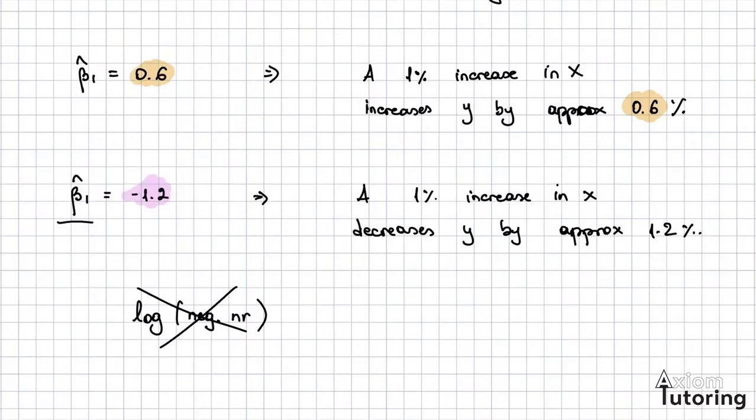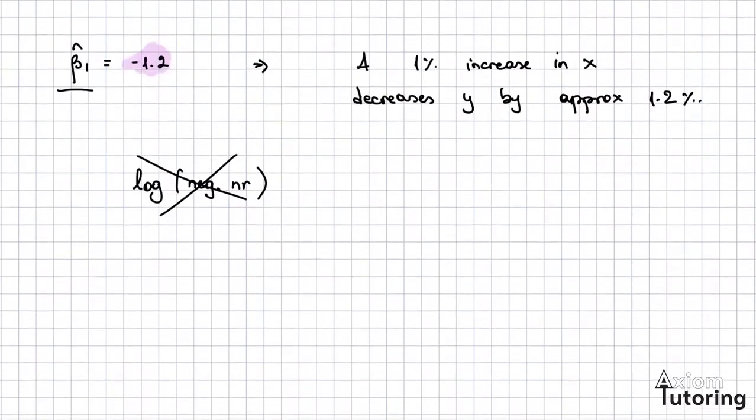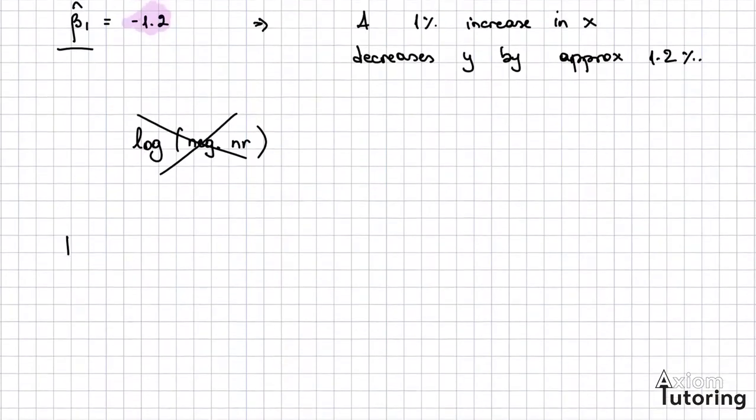Now, why is this model so powerful? Why is it so well liked in econometrics? One of the reasons is that the model assumes that the elasticity is constant.